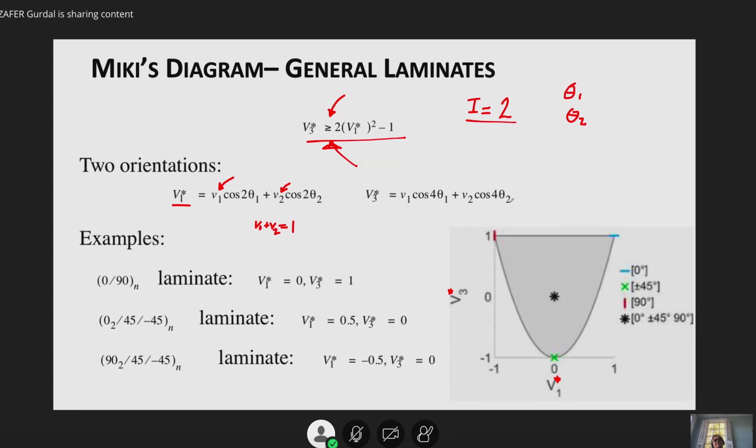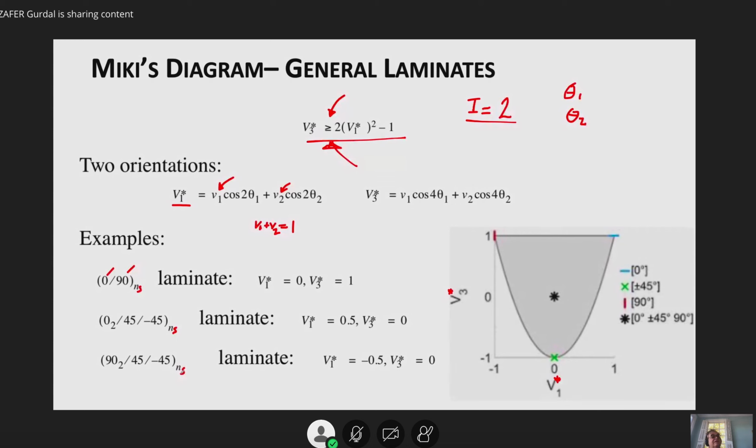Let's look at some laminates that we can have. If you put equal amounts of 0 and 90 degree plies, this means, symmetric or unsymmetric, since we're looking at just in-plane properties, we don't really care that much, but ideally this is symmetric, so that we don't worry about bending-extension coupling and things like that.